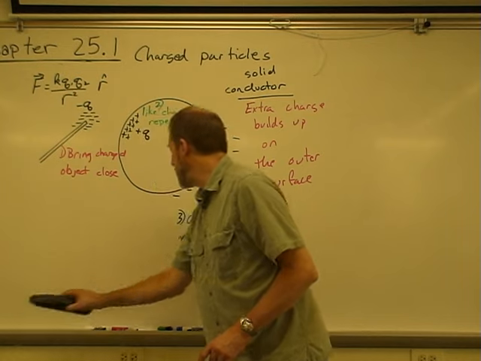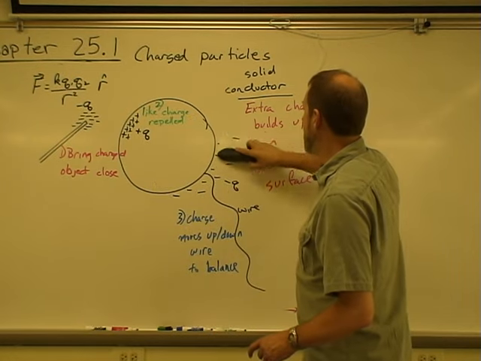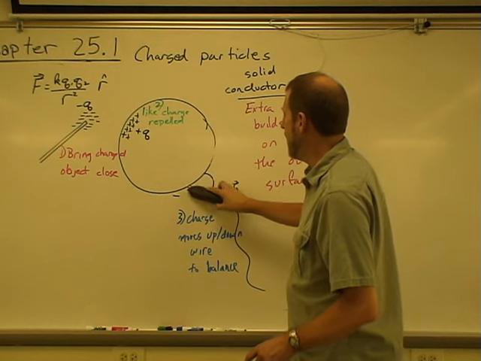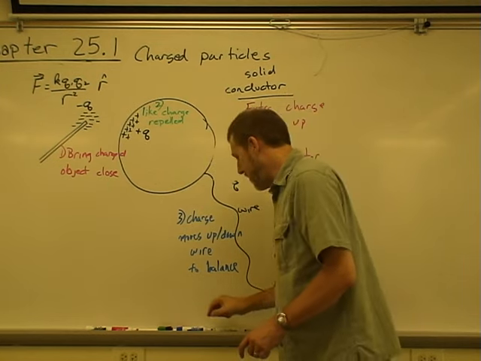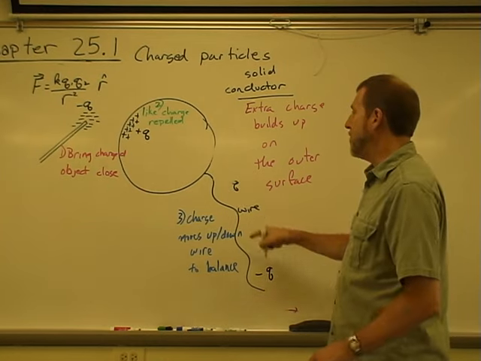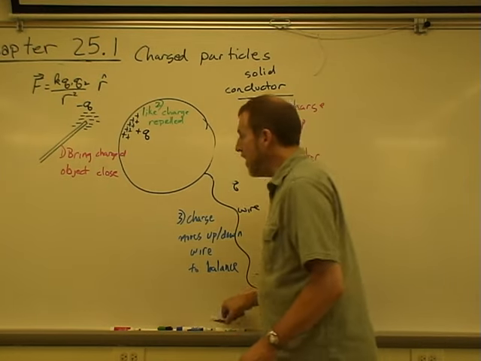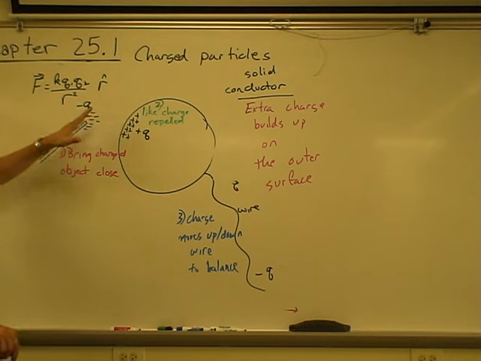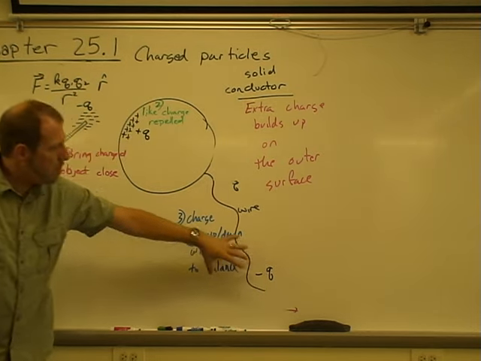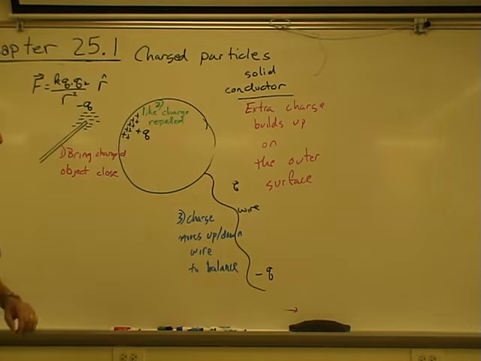Now in this case, this negative charge sees, again, anthropomorphizing this to a ridiculous extent, a way to escape, a way to get farther away. So the negative charge escapes down this wire. Now if I brought a positive charge in, then I need more negative charge up here, so negative charge will be pulled up the wire from the rest of the universe.